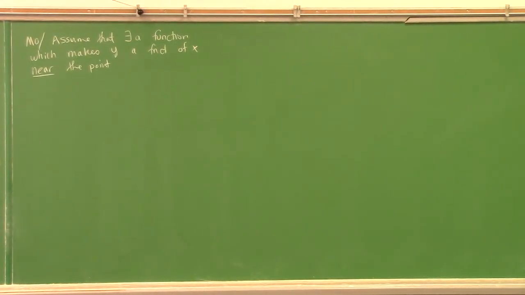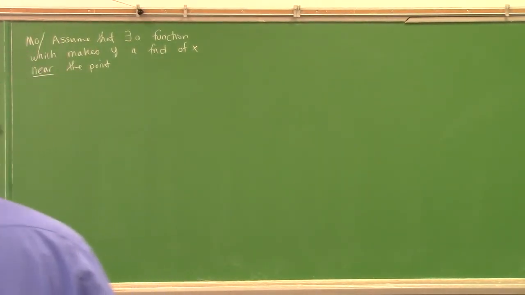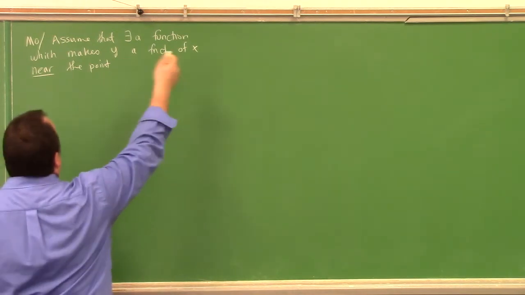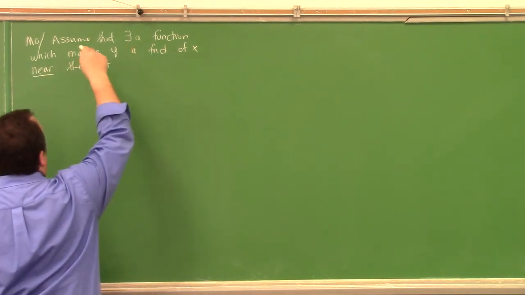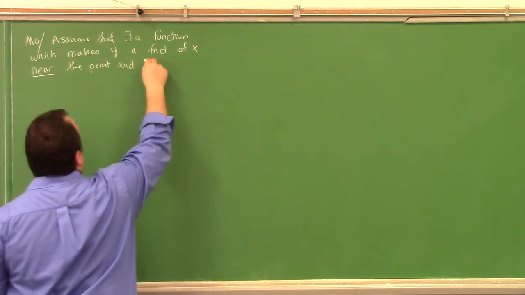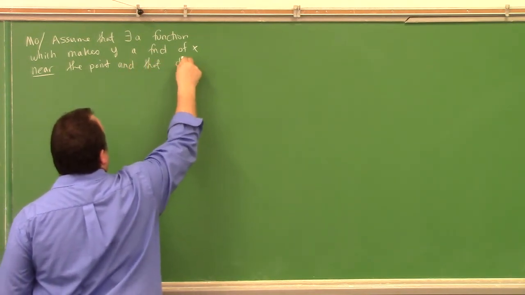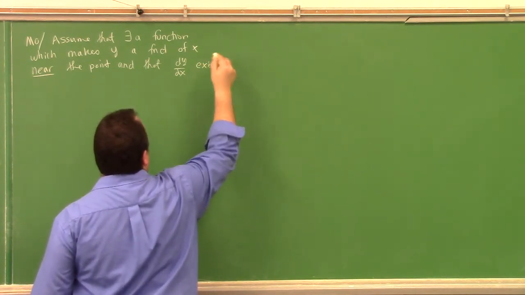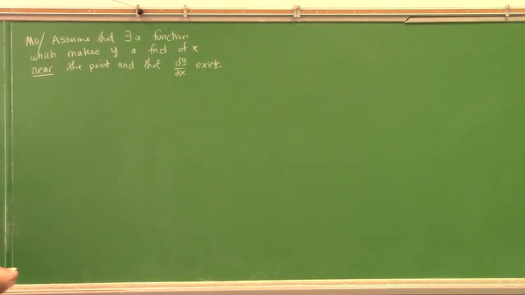So what I was just telling you isn't really calculus, right? Everything I've been talking about for the past 3 or 4 minutes is just algebra. But, all right, so here's the deal. We assume that there exists a function which makes y a function of x near the point, and that dy dx exists. All right? So that's the idea of implicit differentiation.